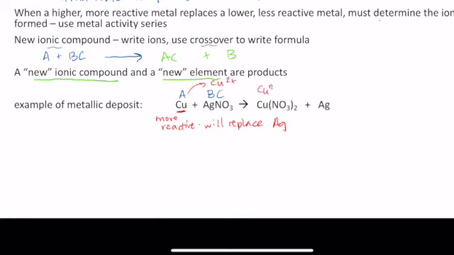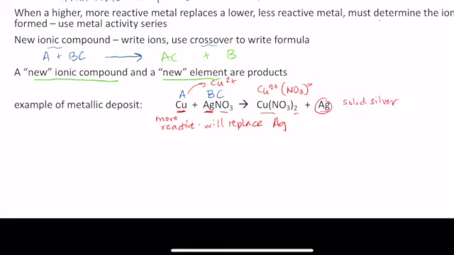The copper plus 2 ion combined with the nitrate ion, and you use the crossover rule to write the neutral compound. And then you have this new silver that was an ion and is now just the element alone, and that's the metallic deposit. So this is the solid silver that's formed.